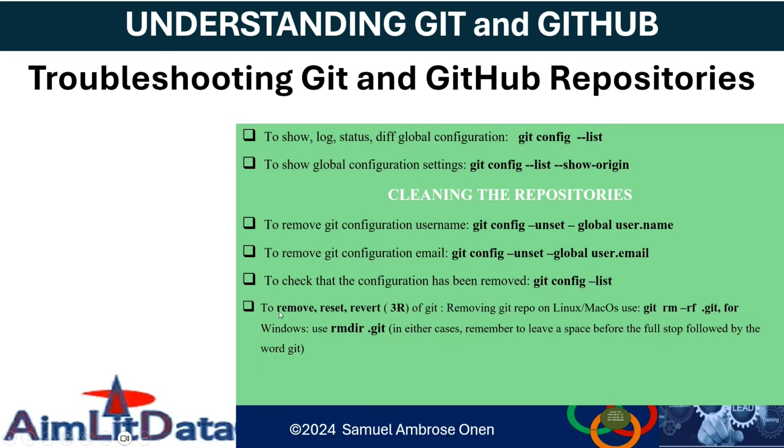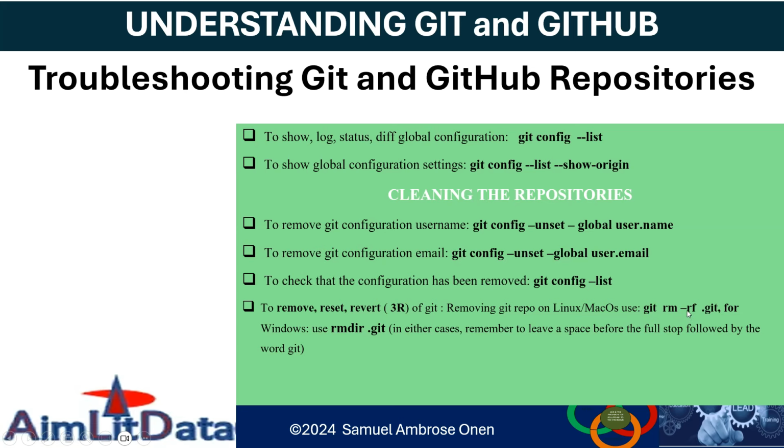That's why I said remove, reset, revert. I call it the 3R of Git. This is my convention, by the way. It's not Git's. But because I saw the power behind this remove, reset, and revert, that's why I came up with the 3Rs. So when you're dealing with Git, remember these 3R very well. And git rm -rf.